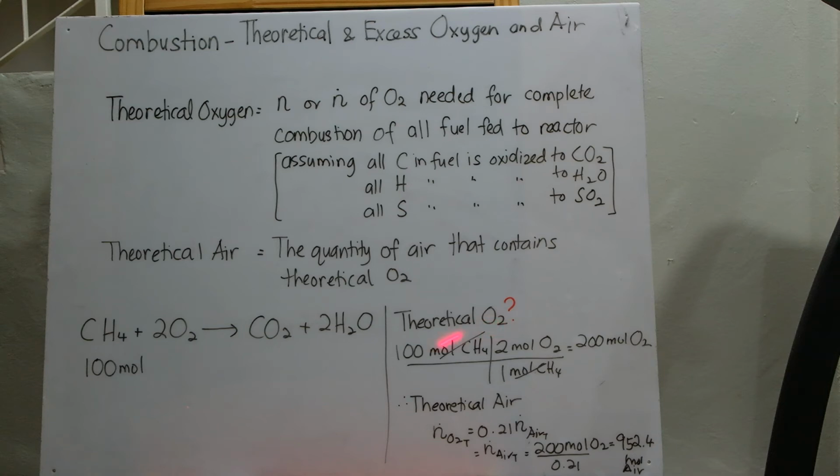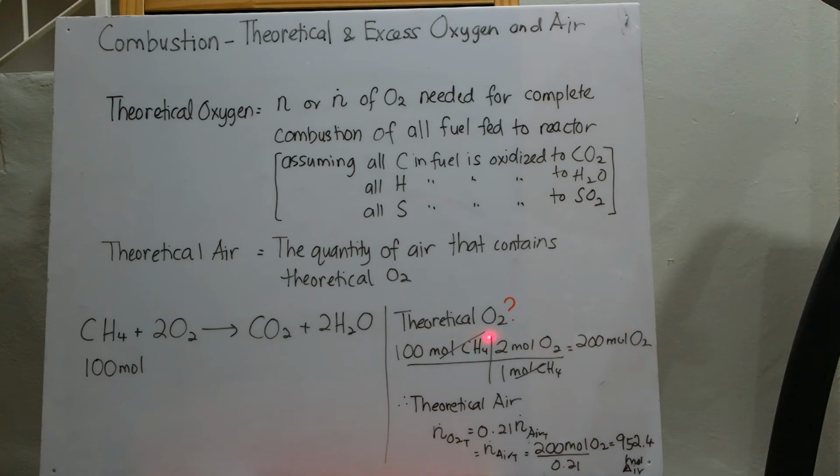We take 100 mole of CH4 times the stoichiometric ratio between CH4 and O2. So 100 mole of CH4 requires 200 mole of O2 as theoretical oxygen for complete combustion.